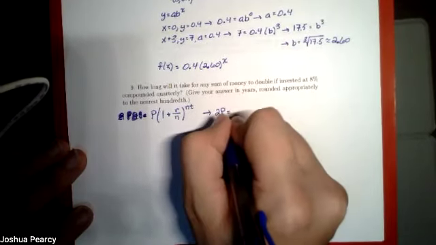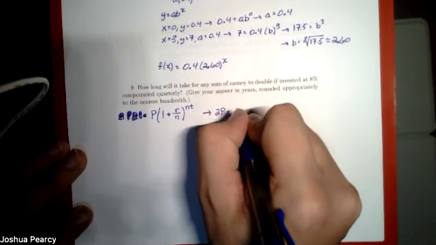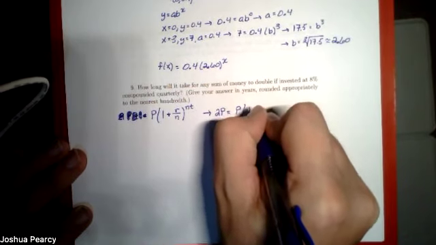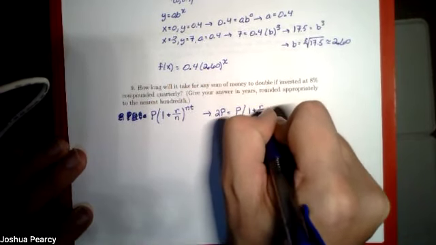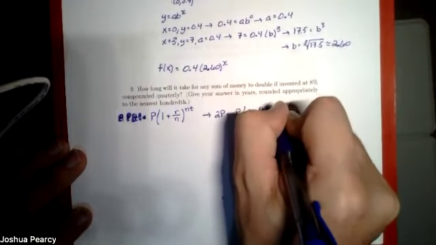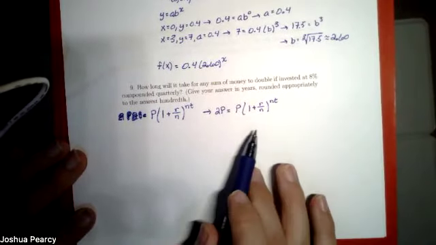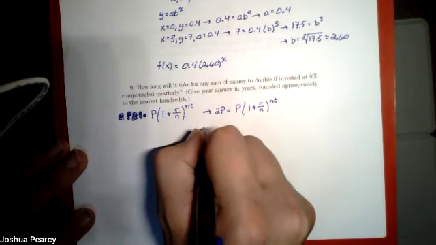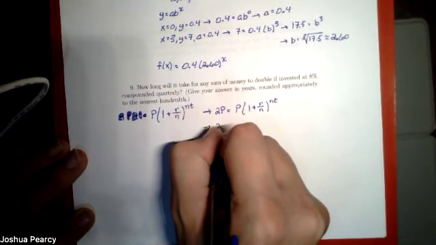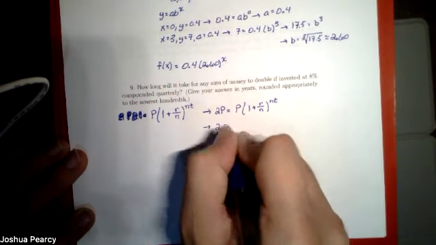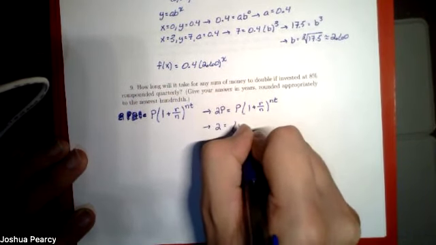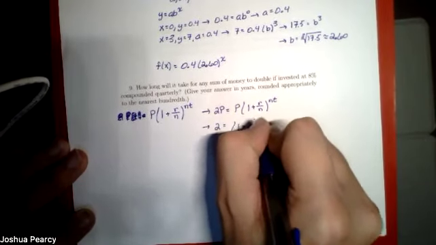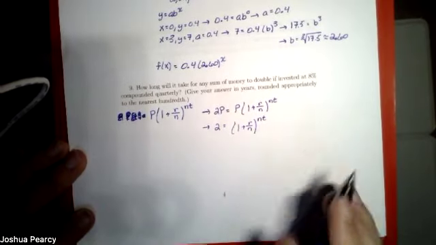On the other side we have P times the same thing, 1 plus r over n to the nt. Now we can divide both sides by P and make the P's go away. So we're left with 2 equals 1 plus r over n to the nt.